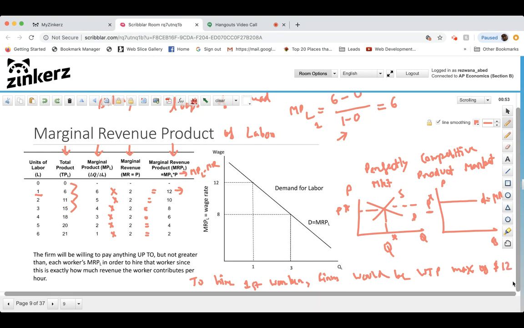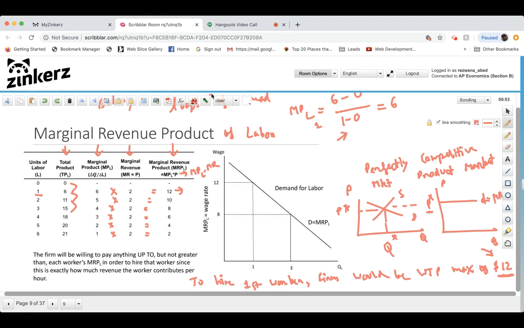So as you can imagine, if they're willing to pay this much, this is the wage they would be willing to pay to hire that first worker, because $12 is what he contributes to the farm's revenue per hour.